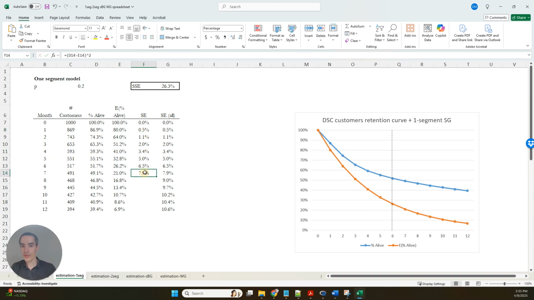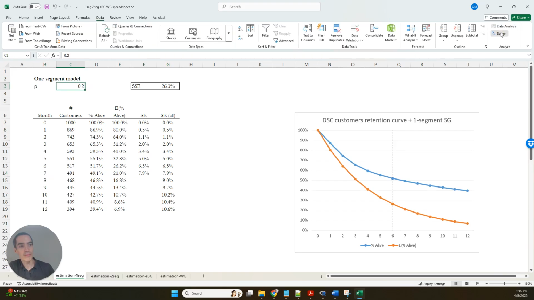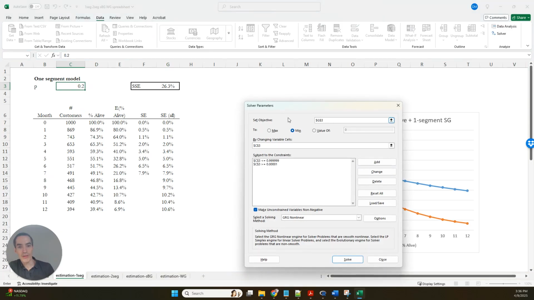Now the sum of the squared errors are the differences between the actual retention curve and the expected retention curve. And so what we're going to do is get the sum of all of those squared errors across our training data, which we're assuming to be up to and including month number 7, and find the value of p that makes that as small as possible. So let's go to Solver.